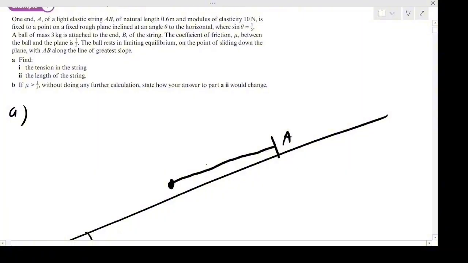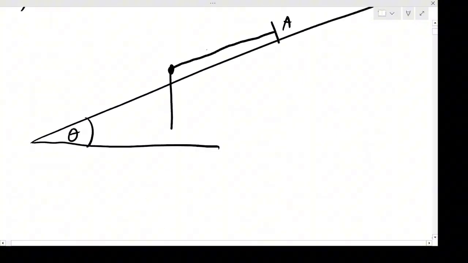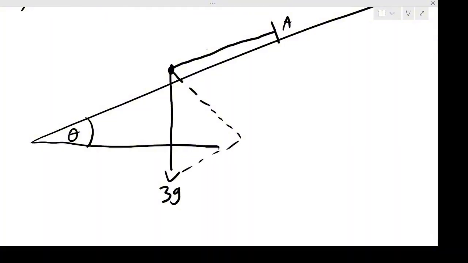Hopefully happy with that. Now we need to add our forces on. Firstly, the ball has a mass of 3, which means the weight is going to be 3g, which acts downwards like this. But with these sort of problems with slopes, again, we need to split up the weight like this.